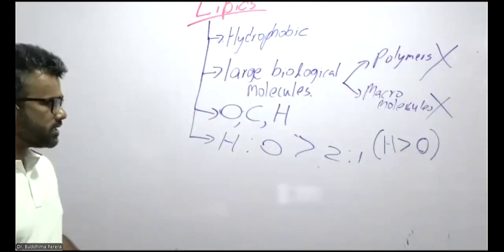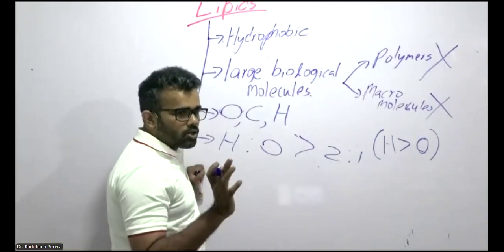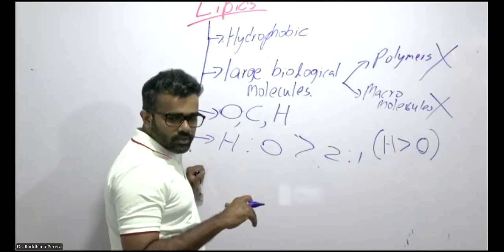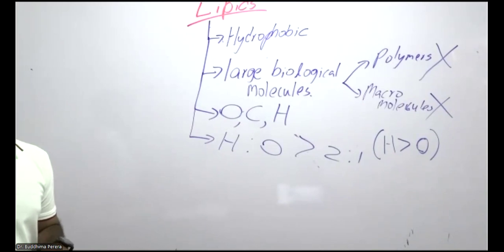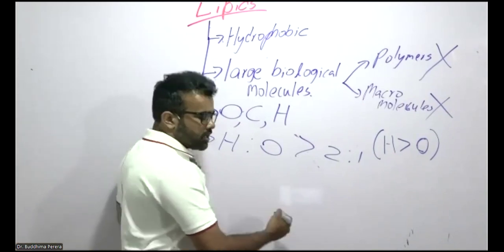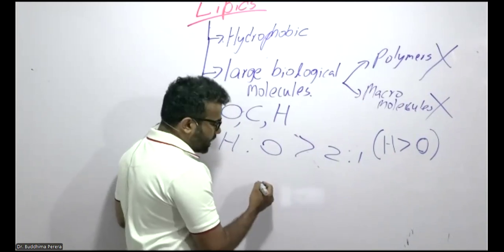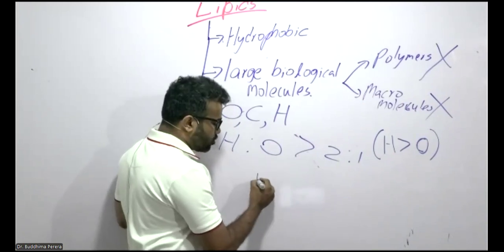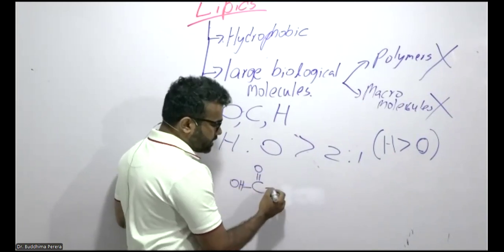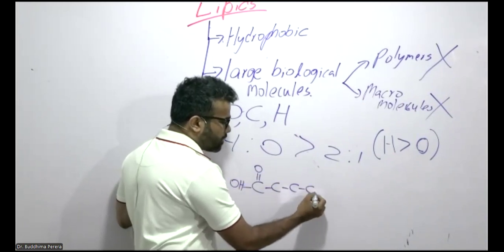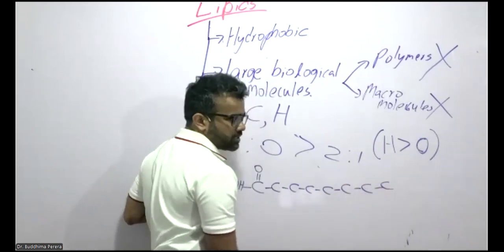The reason is this: can you remember, there are two components in lipids? Glycerol and fatty acids. What is the structure of fatty acids? It has a carboxyl group, C double-bond O, OH, at one end. Then they have a long carbon skeleton, like this.